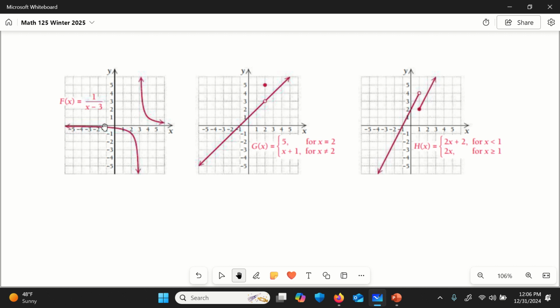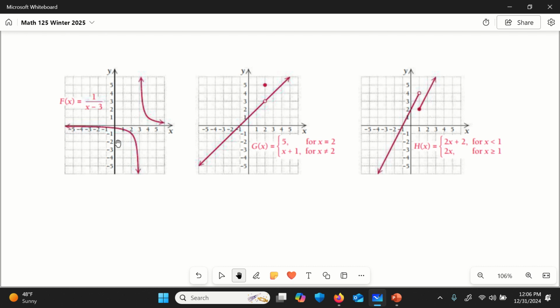And in this graph, we have a left branch or a left arm of the rational function that points down towards negative infinity as we approach the value 3 on the x-axis. And then for values greater than 3, that function is approaching positive infinity as we approach the value 3 from the right.